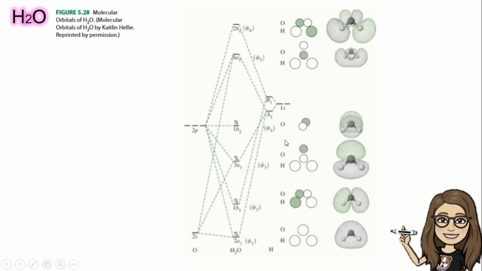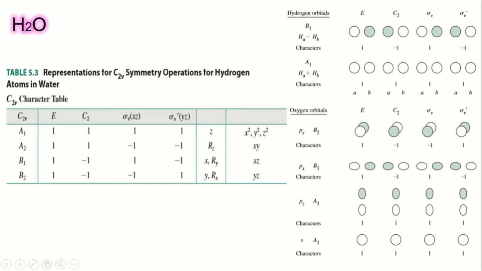So we're going to go back to the last slide here. The hydrogen B1 group orbitals combine with the oxygen px. We can see why, right? Like these and these would combine. The A1, which is very symmetric, would combine with the s and the pz because of these.